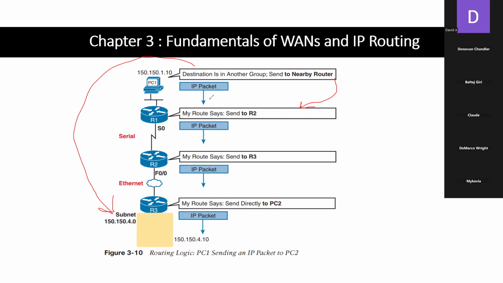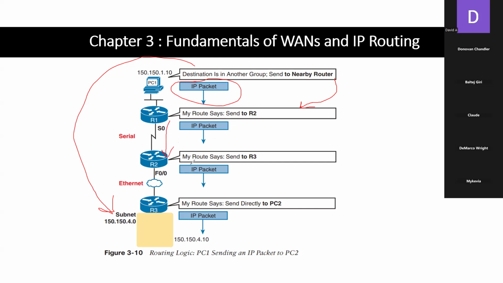And we'll talk about the details later on. R1 is saying, hey, from a path selection standpoint, using its forwarding logic, my route says send to R2, based on this IP packet. I'm going to encapsulate, de-encapsulate, and encapsulate this packet and send it to R2.